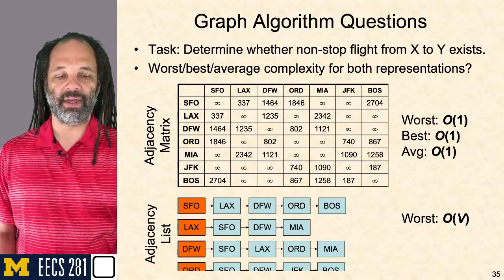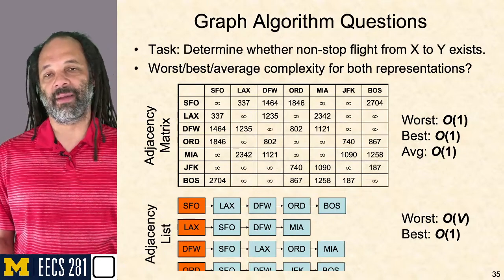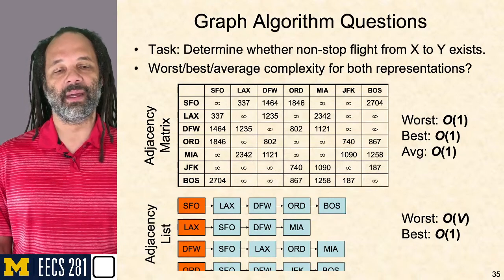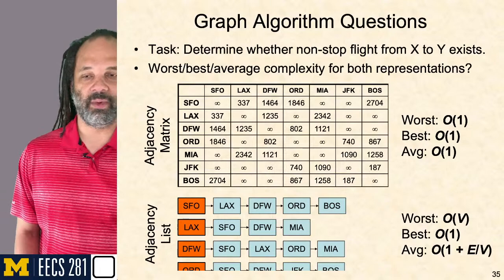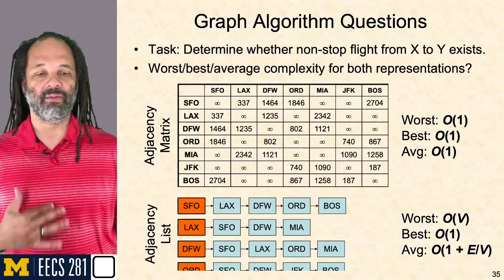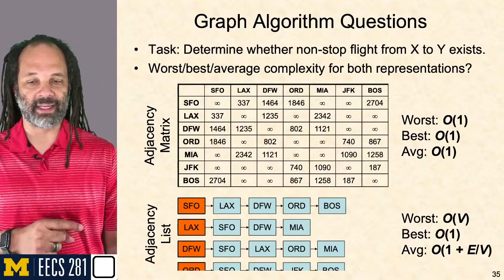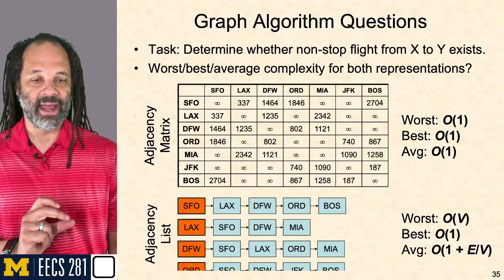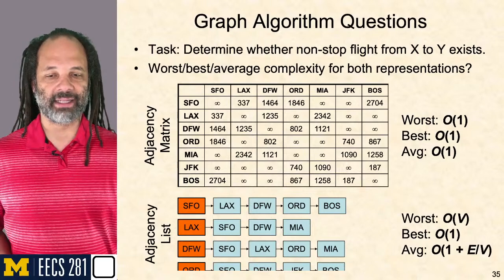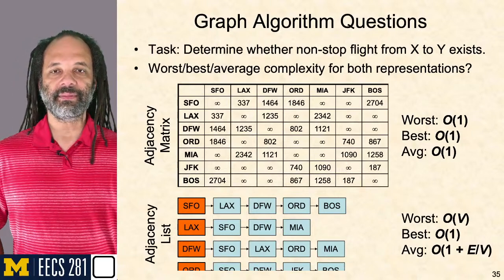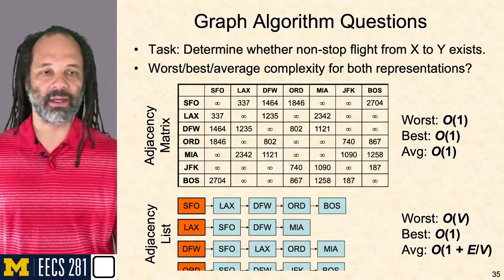So that's big O of V. My best case is it's either empty or I find the thing I'm looking for in one pick, constant time. My average case is this really strange one that we already discussed: big O of 1 plus E over V. Constant time to access the list head, and then average lookup of E over V vertices connected to the list head.